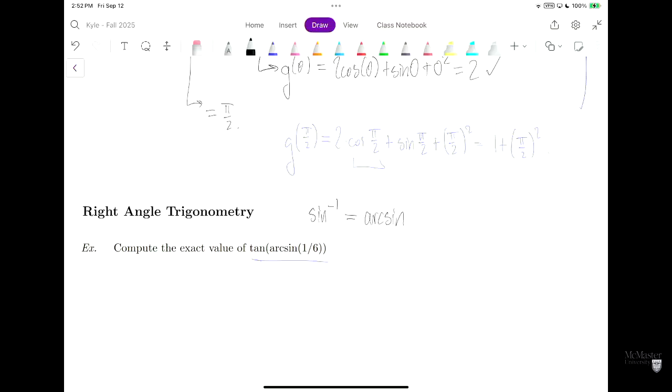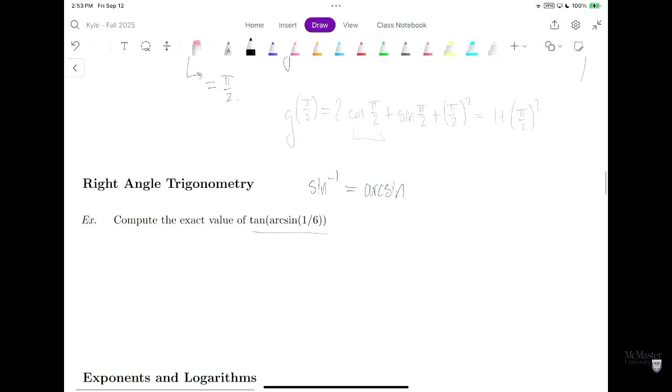You're probably wondering, why are you doing this, just to confuse us more? No. A lot of the time when we use negative powers, we need to reciprocate, and the inverse sine is not the same thing as 1 over sine. So we're going to call all of our inverse trigs arc. Does that make sense? Good.